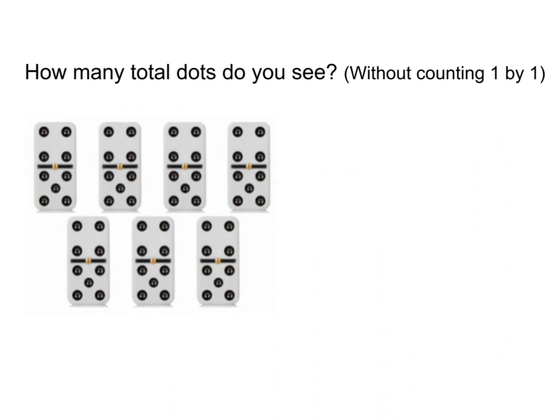All right, Jim, looking at the dominoes again in another way, you can also look at the tops and the bottoms of the dominoes. Looking at the top, I have 4, 4, 4, 4, 4, and 4, 1, 2, 3, 4, 5, 6, 7. So I have 7 groups of 4, which is 28, and that's just for the top.